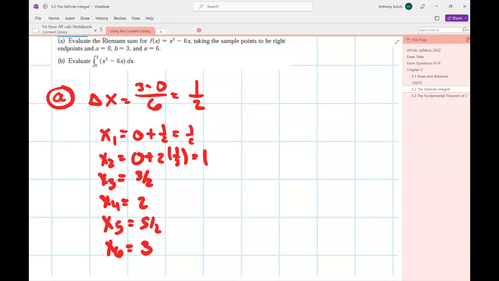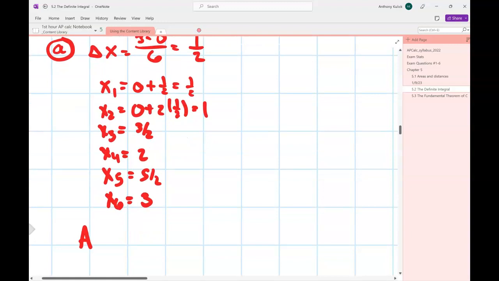Everybody's good with that? I stopped writing the plus, I just wrote the answer. You know what I mean, guys? If we see the delta x is 1/2 and we're going from 0 to 3, and there's 6 intervals, it's just plus 1/2 each. I'm just trying to reiterate the formula as I'm talking through it.